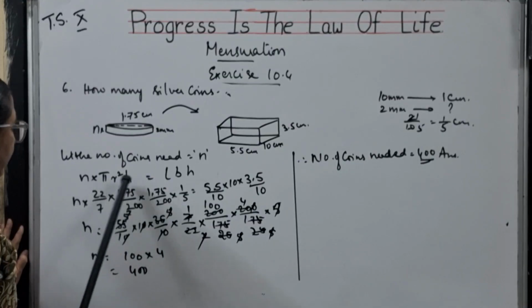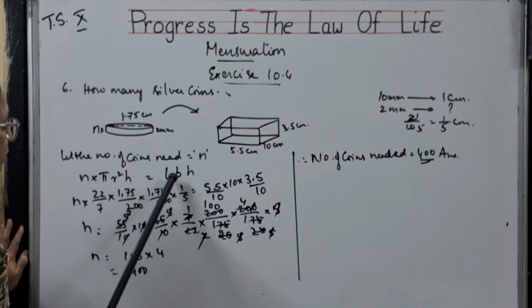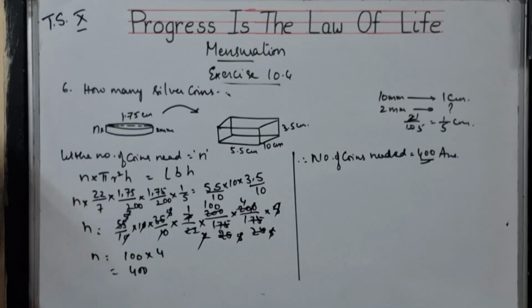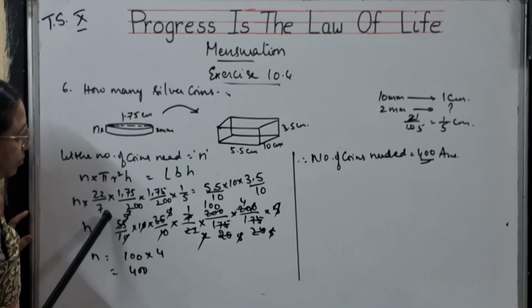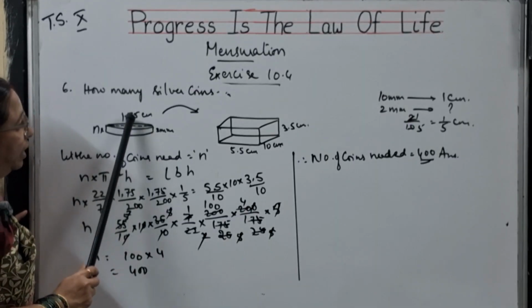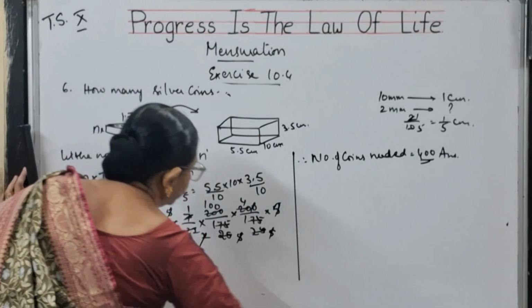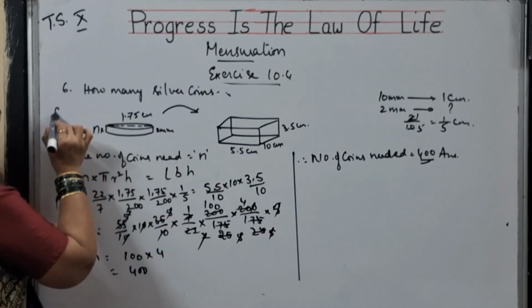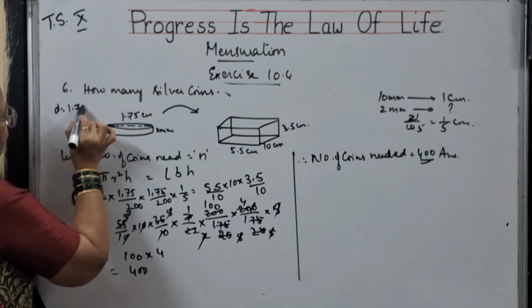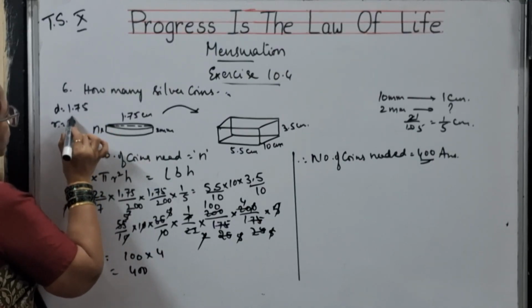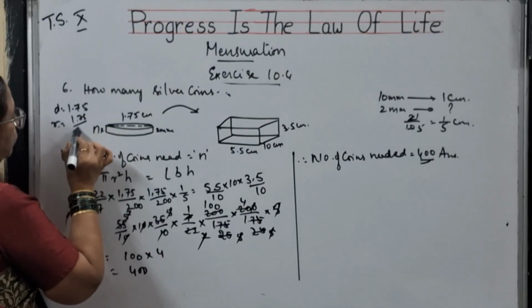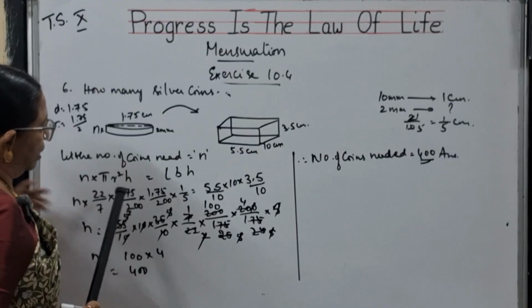So n into the cylinder formula pi r square h is equal to L into B into H. So n into pi is 22 by 7 into radius. See, they have given diameter as 1.75, which means radius is 1.75 by 2. That is what I have taken.